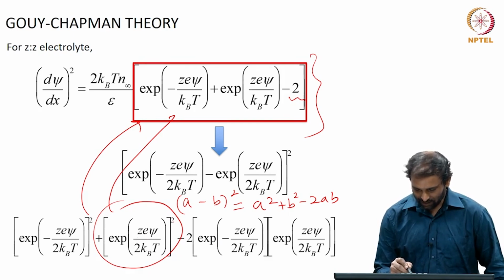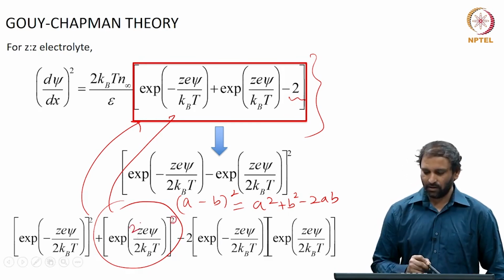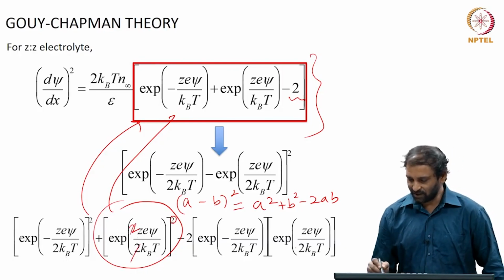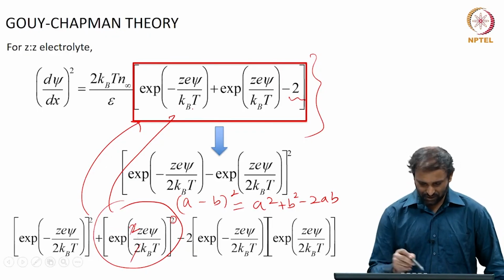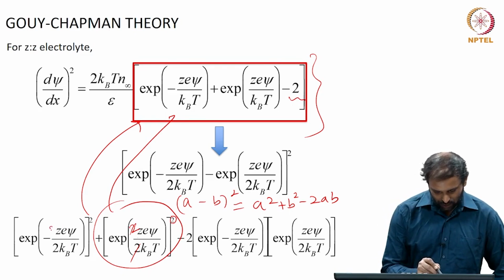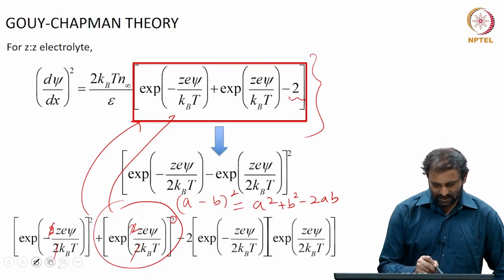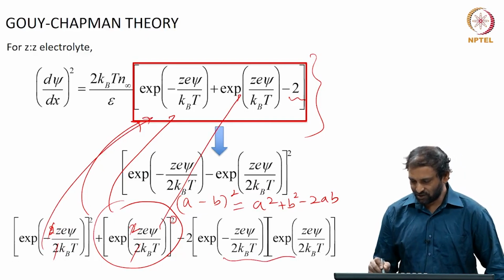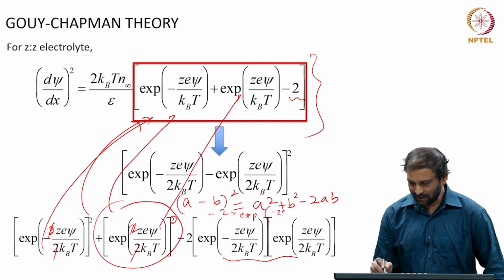Now I can simplify this. I can take the 2 in the numerator, this gets cancelled, so essentially I have the first term. Similarly, this is this term, and again the 2 in the numerator cancels, so essentially I have the first term here and the second term there. And this essentially is minus 2 times exponent of minus Zeψ divided by 2kBT plus Zeψ by 2kBT.